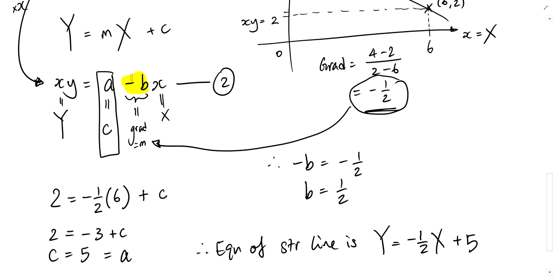Okay? The value of b is half. So negative b equals to negative half. Negative b is the gradient. B is not the gradient. Okay? Therefore, it slopes downwards. It tallies with the equation. Can? Yes?